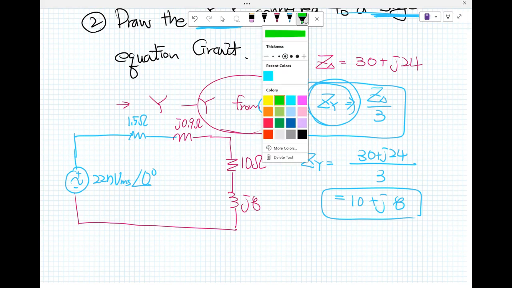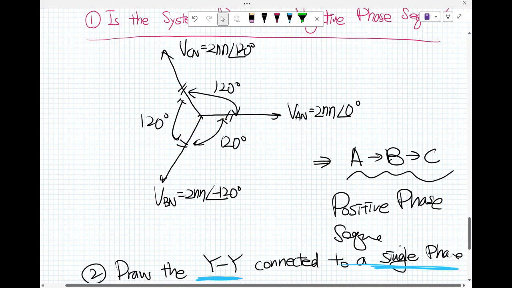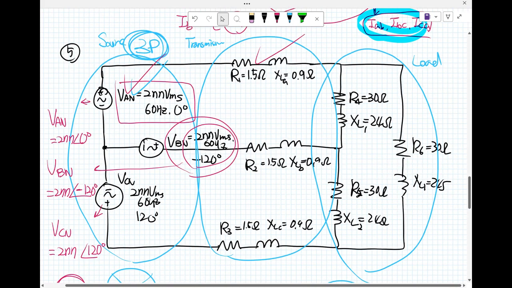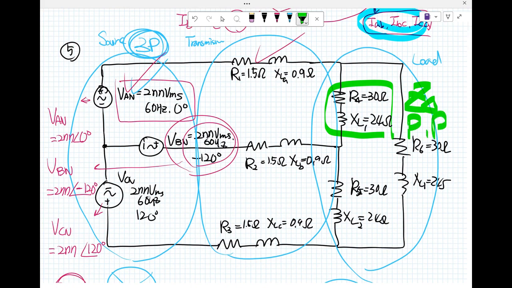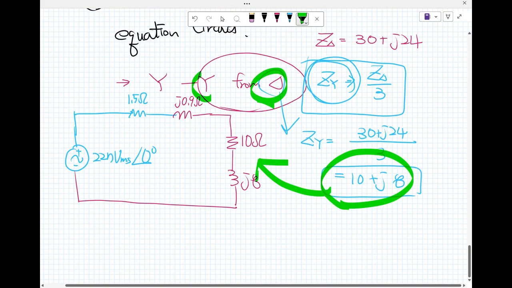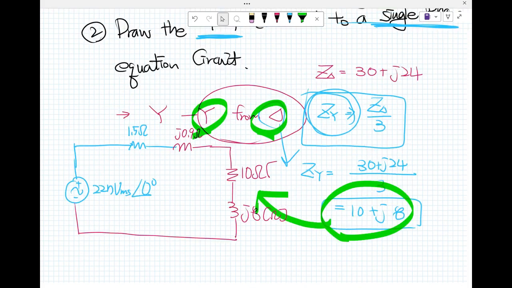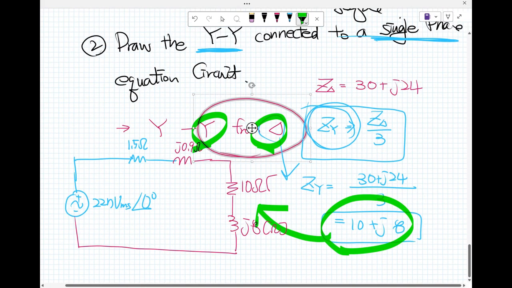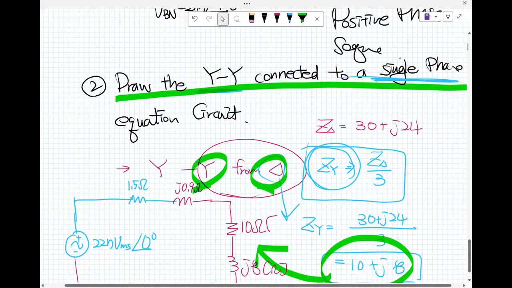That was from here, okay? Because this is the G sub Y for the per phase, right? But we have to change from here to here, the Y connection road. This is the single phase Y to Y connection road here.